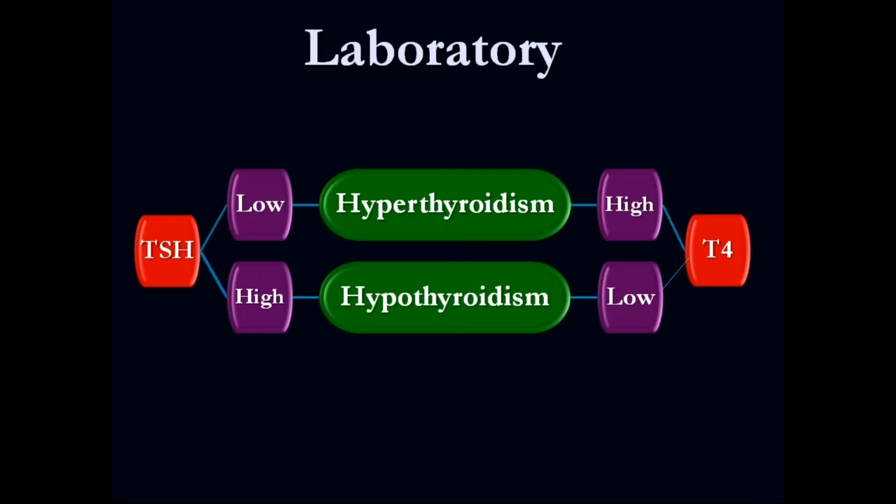Primary hypo or hyperthyroidism means that the problem is the thyroid gland. Secondary hypo or hyperthyroidism, the problem is the pituitary gland. And tertiary is going to be the hypothalamus. So primary, thyroid gland problem. Secondary, the pituitary gland. Tertiary hypo or hyperthyroidism is going to be the hypothalamus.